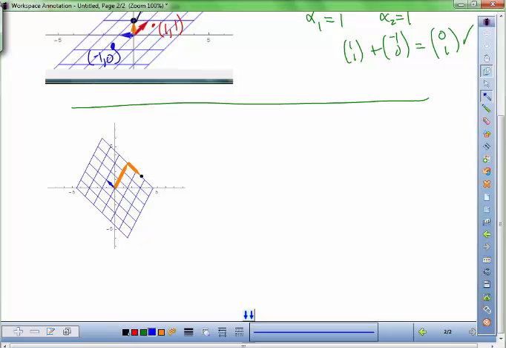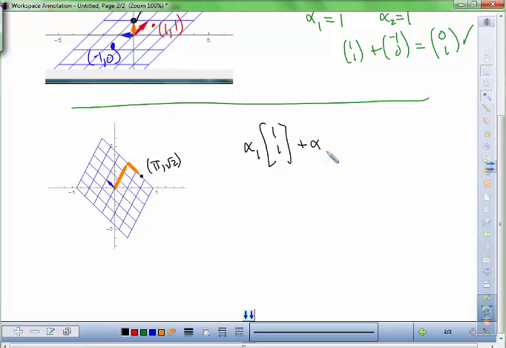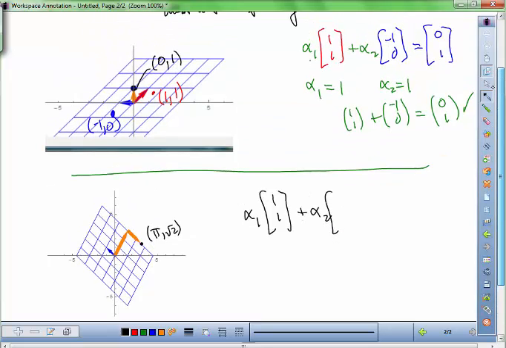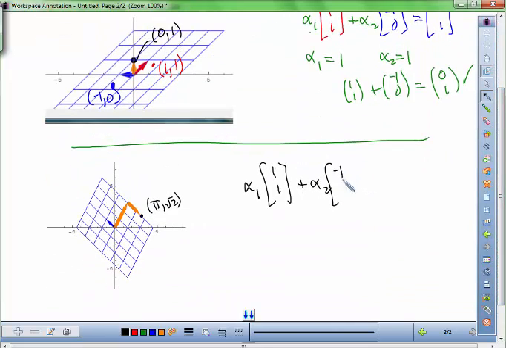What was the point again? Pi root 2. So given those values, the question is, can we find alpha 1 and alpha 2? What was the second vector? -1, 0. So that this is going to equal pi root 2.